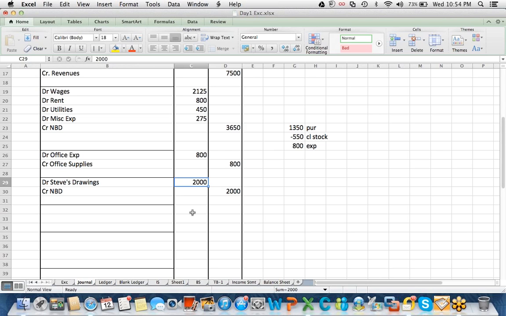We open an account called drawings account, or current account. You can also create a current account, so the name current account should be there, so that you will have a number of current accounts on the basis of the number of people.